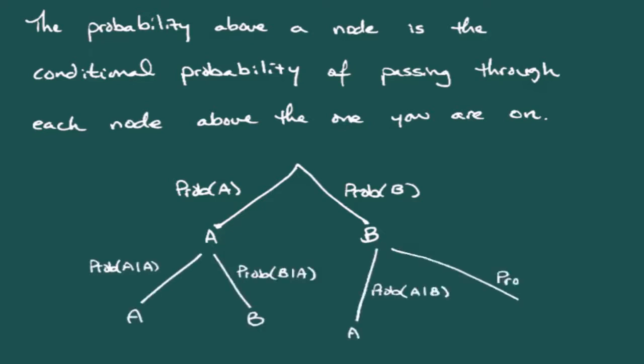From A down to A, that's the probability of A happening given that A has already happened the first time. The branching from A down to B is the probability that B happens given that we are already standing on node A, so given that A has happened. For the branch from B down to A, that gets labeled with the probability of A given that B has happened. And finally, the branch from B down to B is the probability that B happens given that B has already happened.